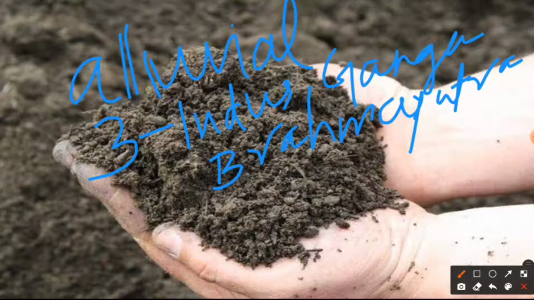And this soil also extends into Rajasthan and Gujarat through a narrow corridor. And the alluvial soil is also found in the eastern coastal plains, particularly the deltas of the Mahanadi, the Godavari, the Krishna, and the Kaveri rivers.